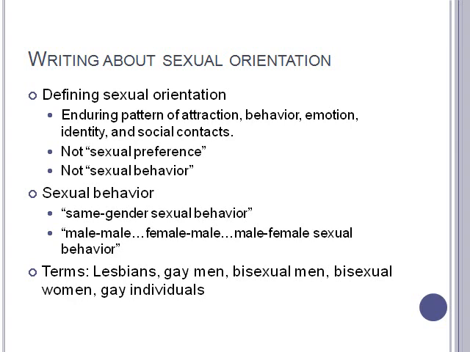And then the term gay can be used as an adjective to refer to the group of individuals, both gay men and lesbians. But again, typically it's better to be more specific, because there are important differences between lesbians and gay men regarding most of the research we look at.